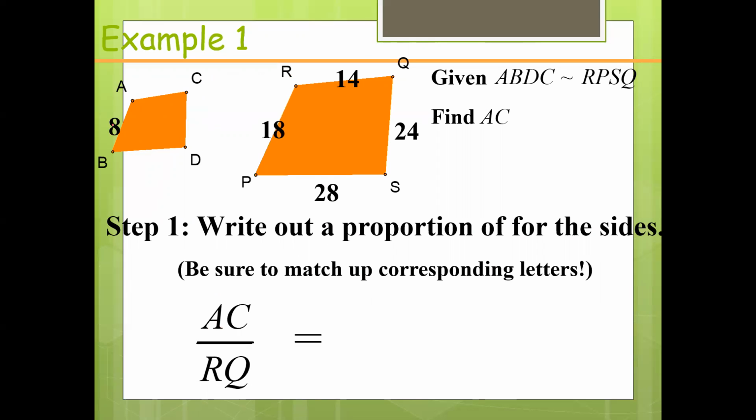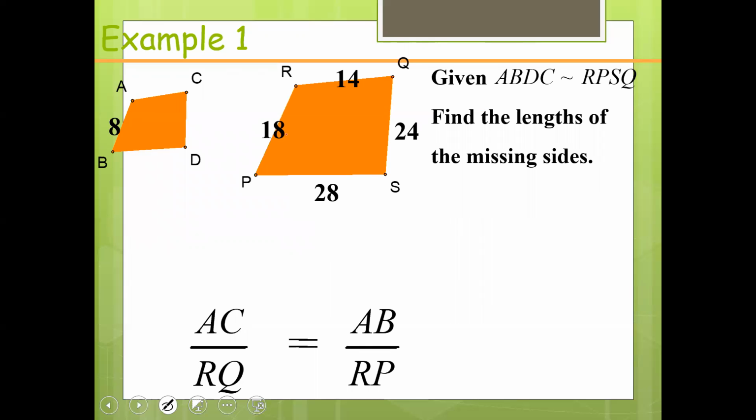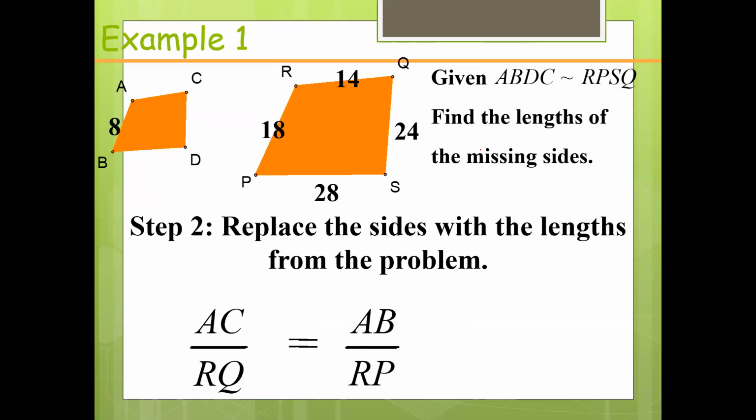So let's use AB over RP. So these two will be used. Now we find the length of the missing side AC. Replace the sides with the lengths from the problem. AC is the question mark, leave it as it is, and RQ is 14. And AB is 8 and RP is 18, right?